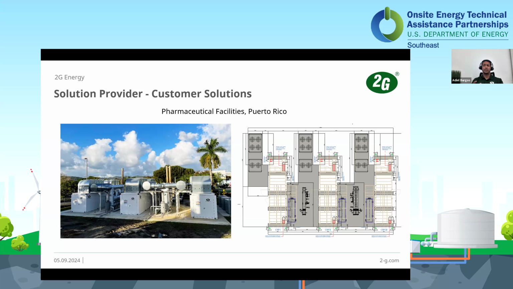For this specific site, we supplied the equipment and the commissioning, and supported the design of the interconnection and the interfaces with the local engineering firms. It's been in operation for about 2 years now, a year and a half, I believe.